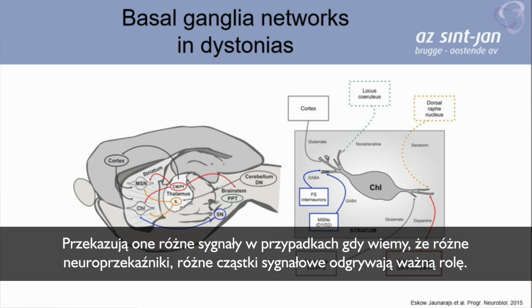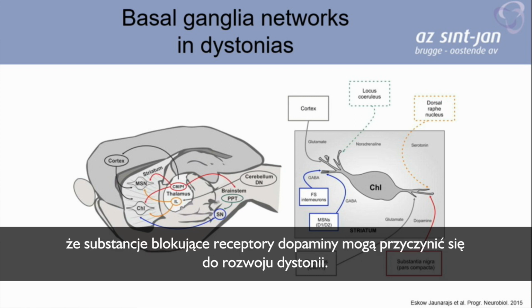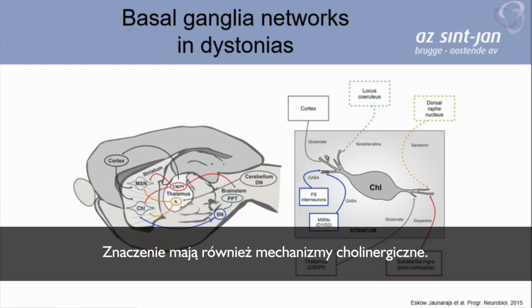And these give different signals where we know that different neurotransmitters, so different signal molecules, are important, where we know that there's an important role for dopamine, like we know from the dopamine receptor blocking agents that can give rise to dystonia.